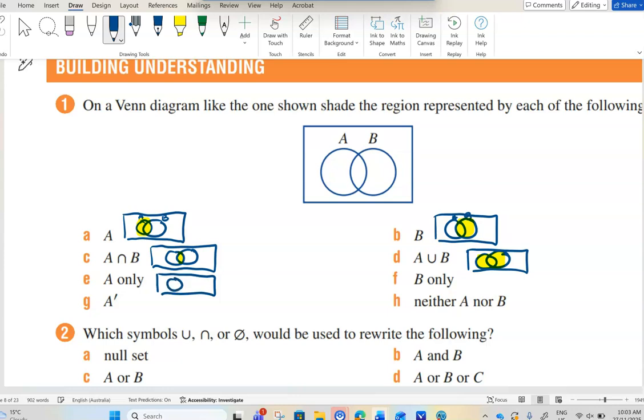All right, if we have A only, it can't be the intersection, it's just what A is. That is just that side. Don't colour the intersection in.